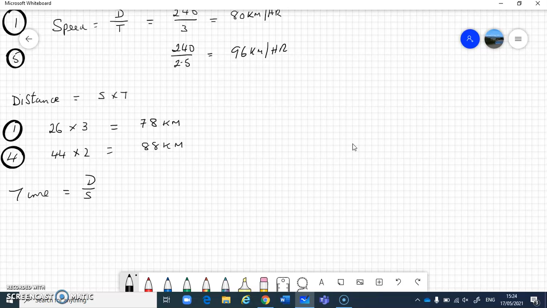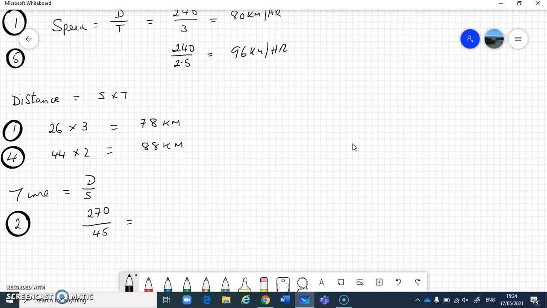And again, I would pick one or two. Yeah, we'll take number two. This is on page 3. So number 2. We have the distance, which is 270. And we have the speed, which is 45. I'm putting that into the calculator, which I'm going to do on mine, just to make sure I get the correct answer.